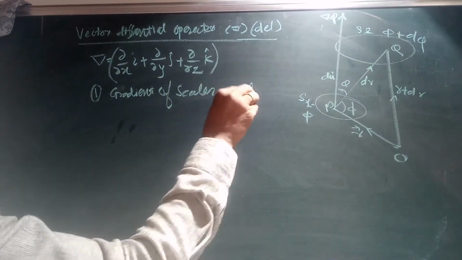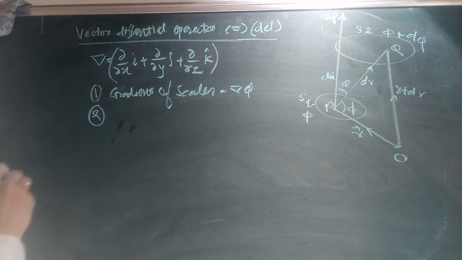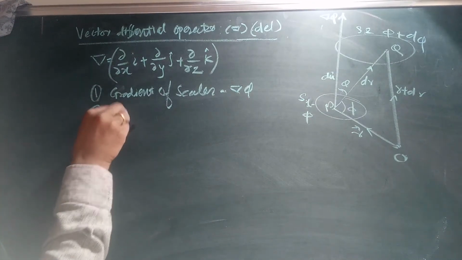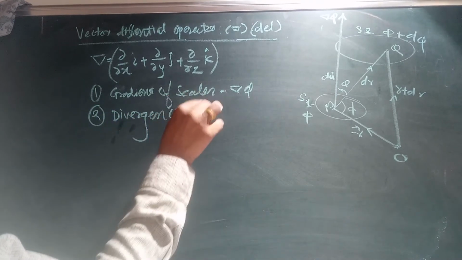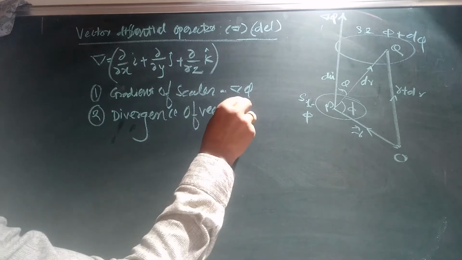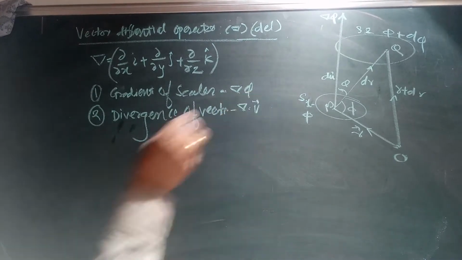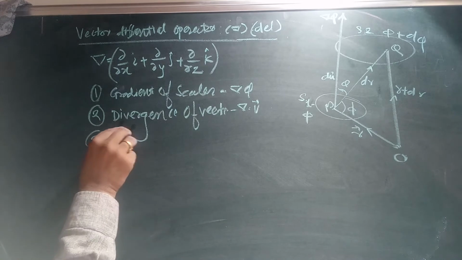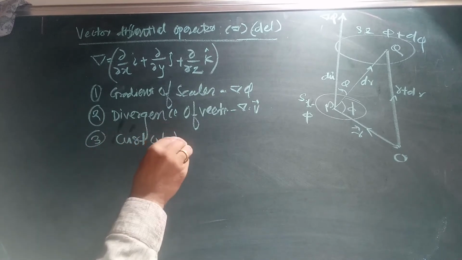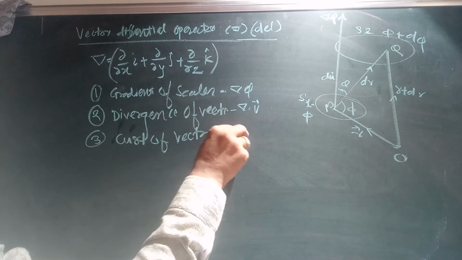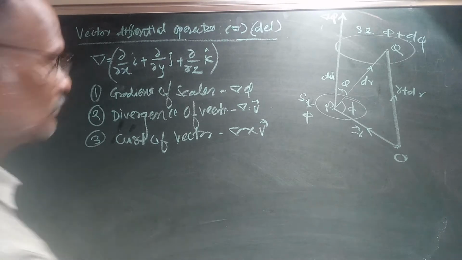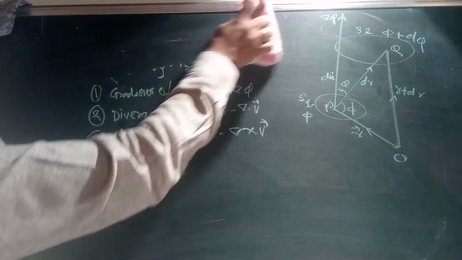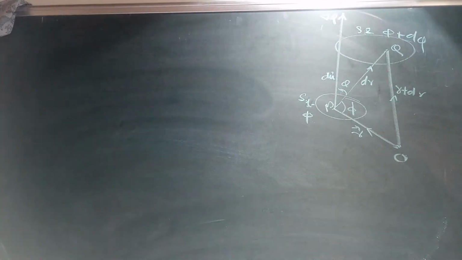Second one is divergence of a vector, del dot v, and the third one is curl of a vector, del cross v. So these are three operations. Now we will discuss del phi in detail.